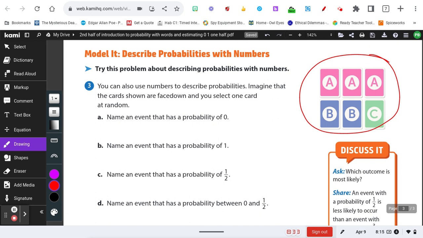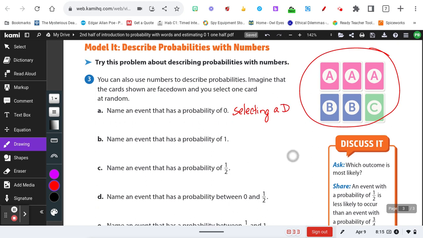Name an event that has a probability of 0. In other words, there's no way to get it. So selecting a D would be impossible, guys. There are no D's in the cards. But you could have put F, Z, M, P. It doesn't matter, just something that's not there.